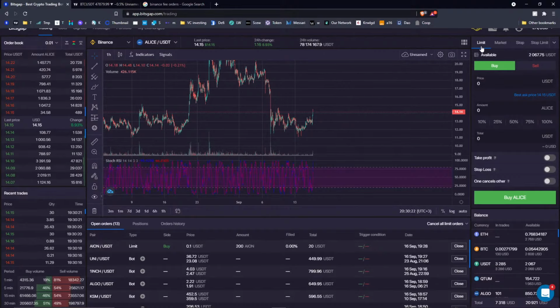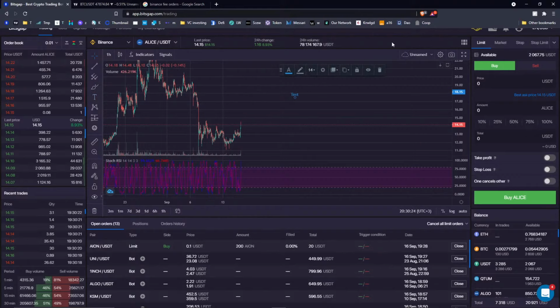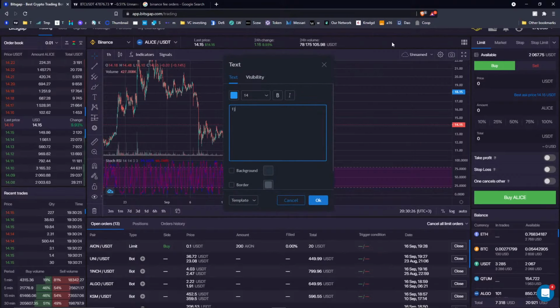So you know that I follow this rule: first you allocate 50% to automated bots, next 20% to smart trading, and that's exactly what we are discussing today. That's smart trading, using manual trade orders like limit buy, market buy, stop limit, and the rest goes to the HODL strategy, just buy crypto and hold it.